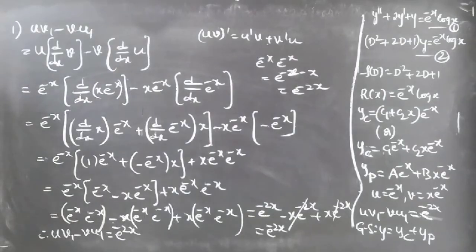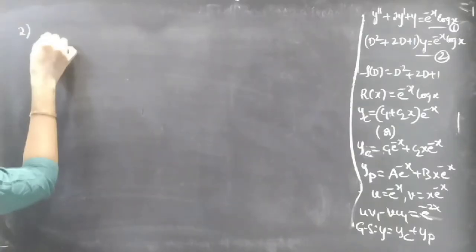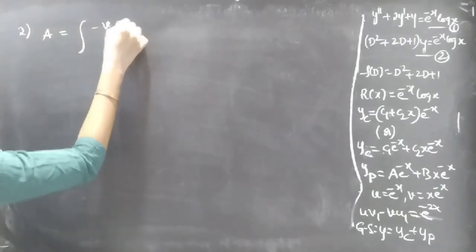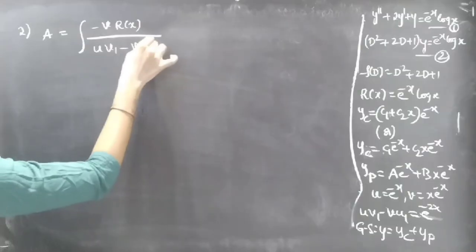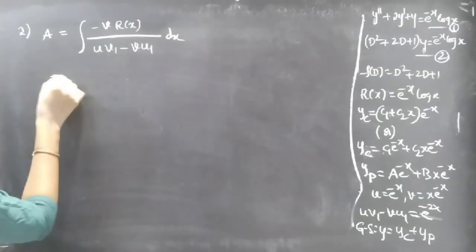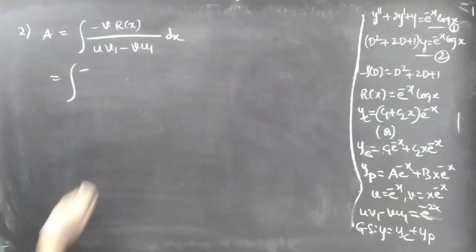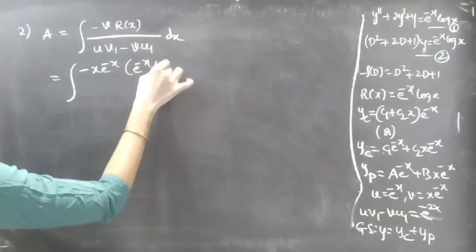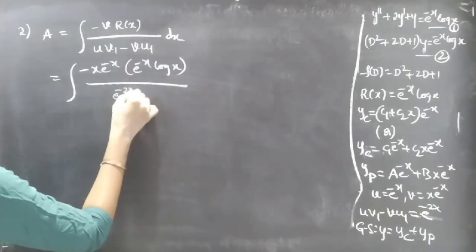Let's now find a, b and yp. A is given by integral of minus v into r of x by u v1 minus v u1 into dx, right? This equals integral of minus v, which is x e power minus x, into r of x, which is e power minus x log x, by u v1 minus v u1, which is e power minus 2x, into dx.